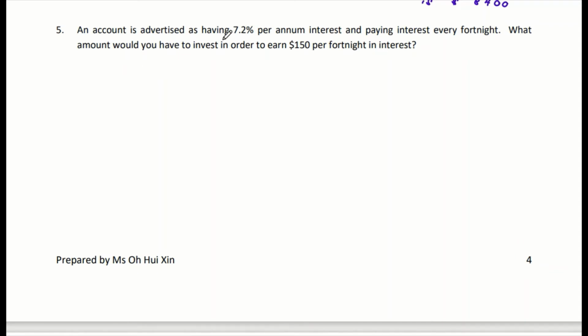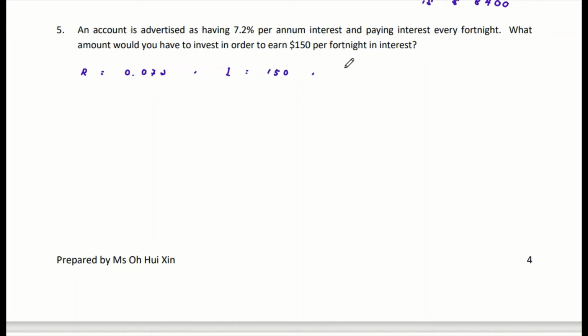The first thing is you are given 7.2% per annum, which means that our interest rate here is equal to 0.072 in terms of decimal. Then you want to find out how much money you need to invest in order to earn $150. So $150 is the interest that you want to earn. Then after that, per fortnight.